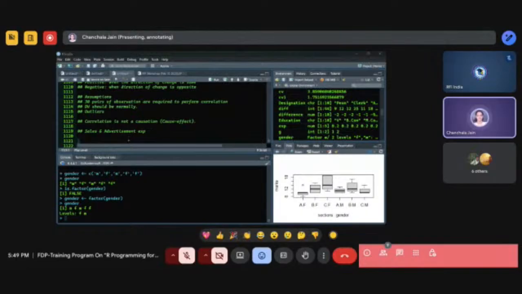So can anyone tell me which variable will be dependent and which will be independent here? Although it is not needed for correlation, still, if I want to discriminate between these two variables, which variable can I take as dependent and which as independent?